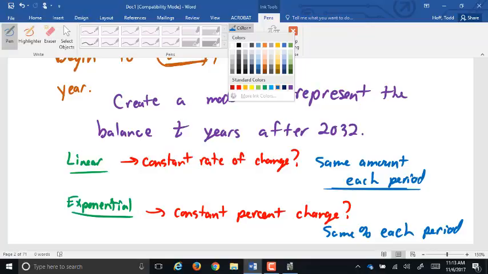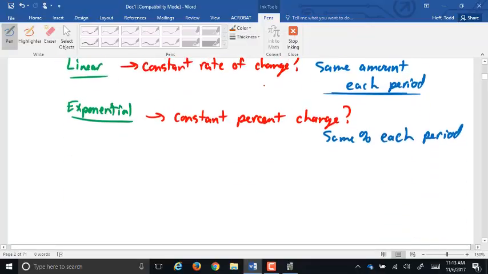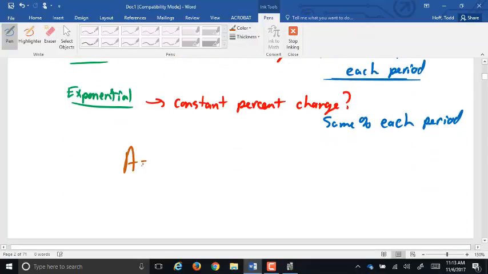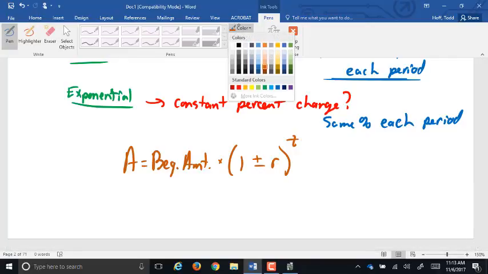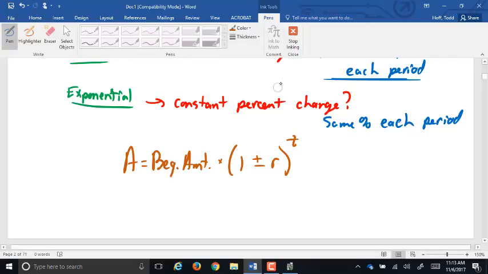exponential. So the form of our exponential model, the amount is equal to that beginning value, that beginning amount, times 1 plus or minus that rate to the power of time. Remember that n stuff is only a special formula for compound interest.